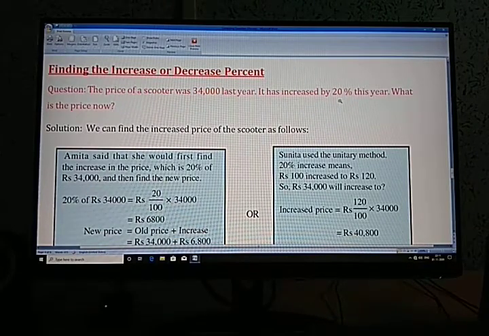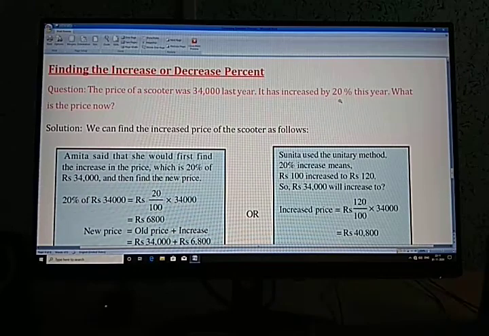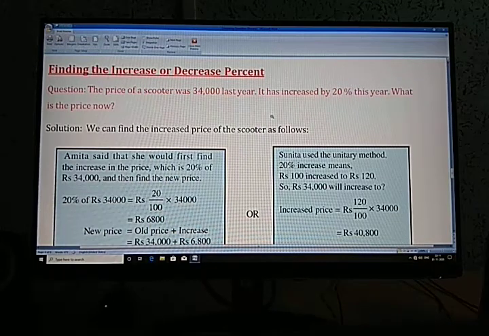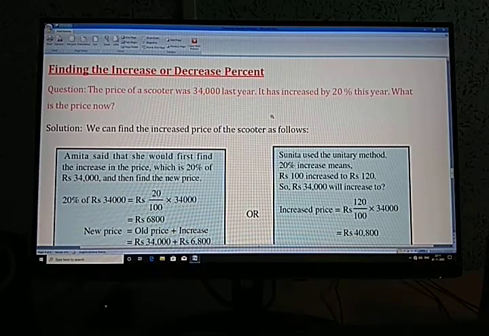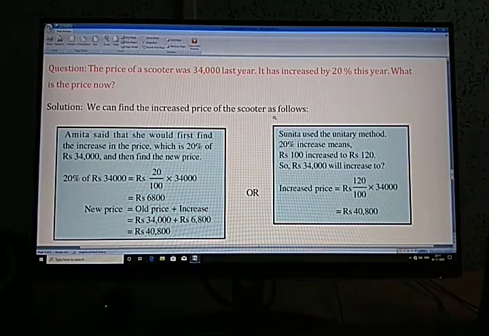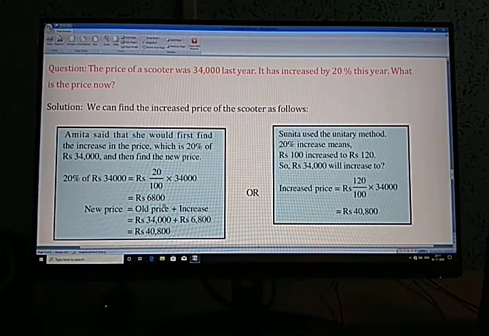So obviously what we need to find here is the increased percentage. Since it has increased by 20%, even though it is not mentioned here, it is well understood. So we can find the new price of the scooter as follows. There are two methods as usual: one is the unitary method and another is the general method.